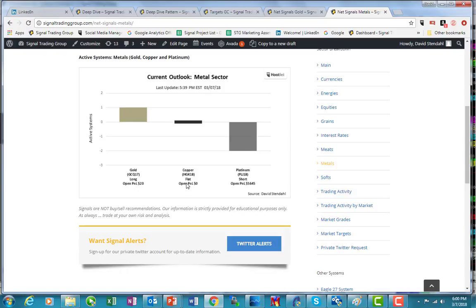Sometimes it says hedged if it's a perfect hedge, but it's flat, 0 contracts, 0 profitability. Platinum, we have 2 separate short systems. You can see that it's gray and it's pointing down to -2, which means 2 systems or 2 contracts with an open profit of $5,600. That's the surface level to this.